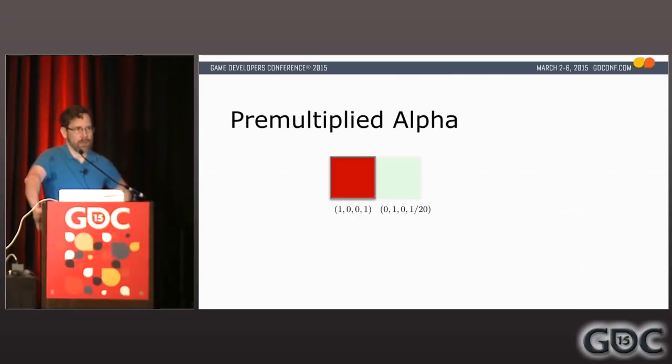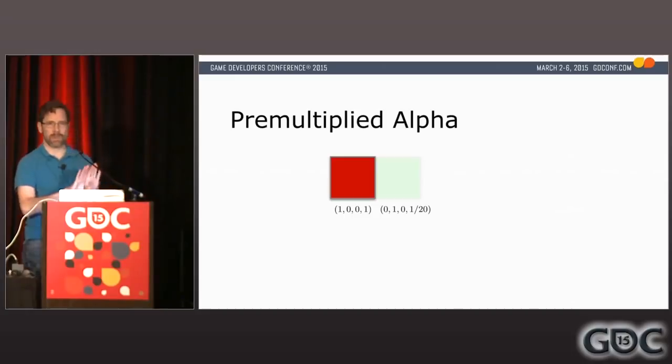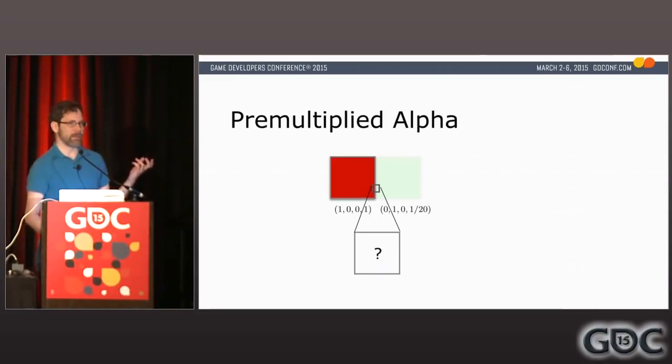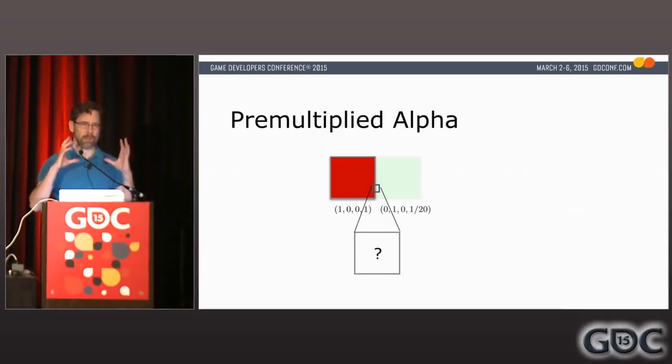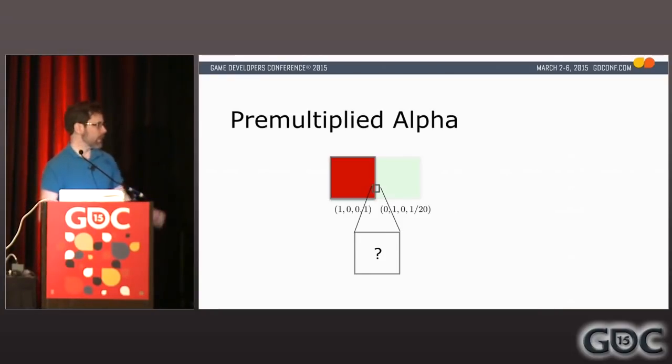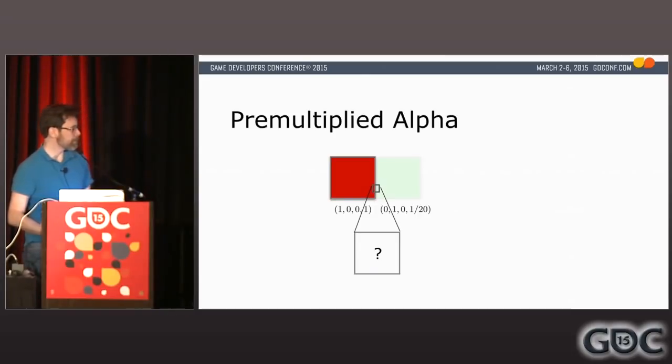So bear with me, this is a bit of a strained example, but suppose we have some texture and it's got a solid red pixel and it's got a transparent green texel right next to it. And suppose that we draw this texture so that the red lies on half of a pixel and the transparent green lies on the other half of a pixel. And we want to know what's our result here.